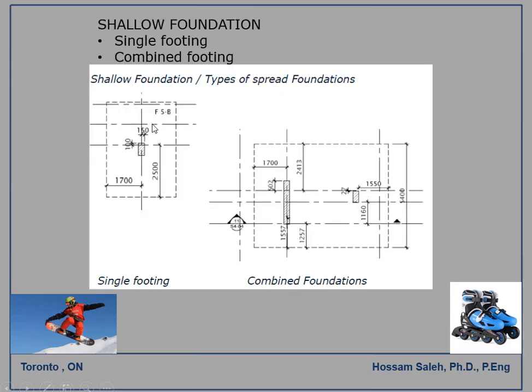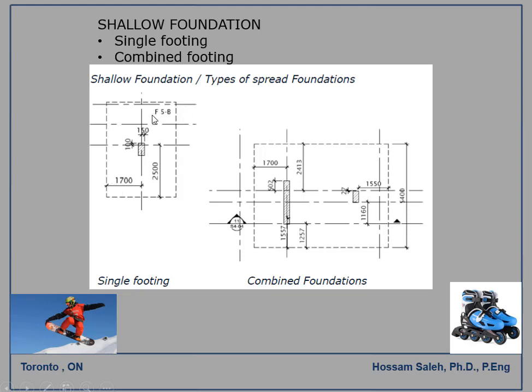The single footing, as I just mentioned, is a footing for one column, and here you have a column, this shadowed area, and the dotted area here is the spread footing or single footing for it. When you have drawings, you want to make sure that they can locate the foundation on the site. So we have this grid line and this grid line, and we show on our drawing how far the foundation will go from this grid line and from this grid line.